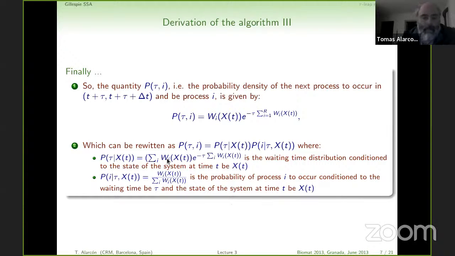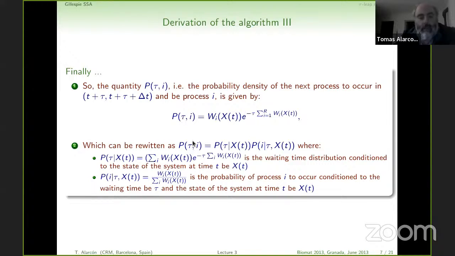Yeah, Thomas, one second. So what is the difference between the probability tau I and the conditional probability, between the two expressions? Let's go back here.